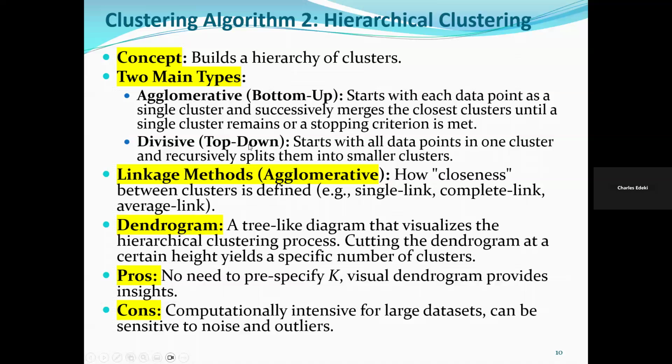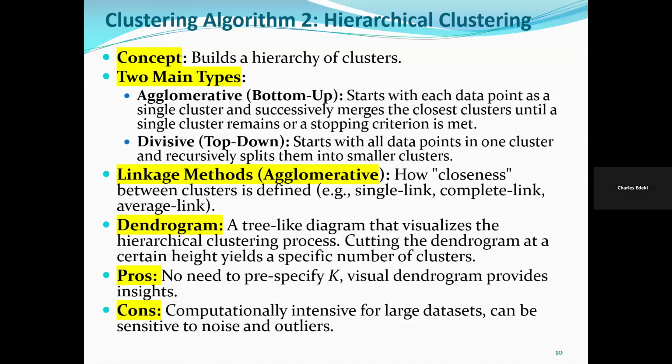With divisive, we assume the whole data set is one cluster, then we start to break it down. The other says each point is a cluster, then we start to build it up. That's why it's a hierarchy form. Agglomerative, bottom up, means we start with each data point as its own individual cluster.